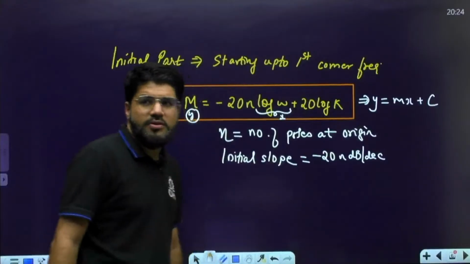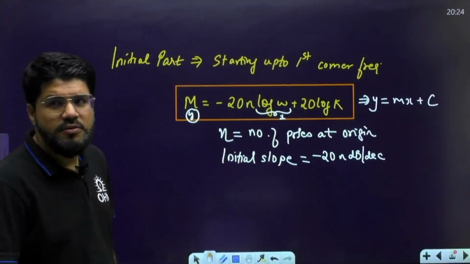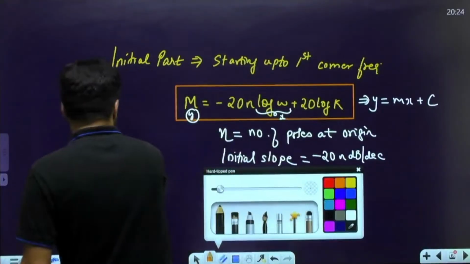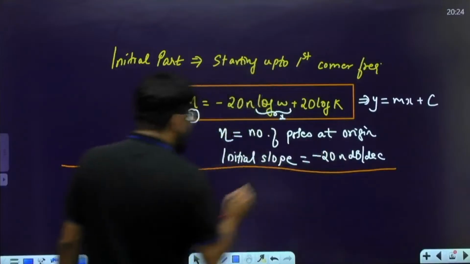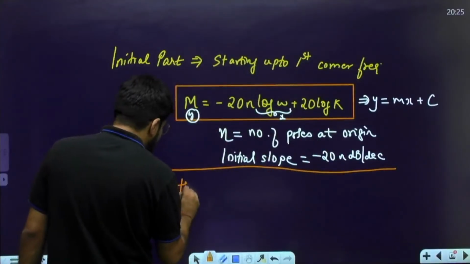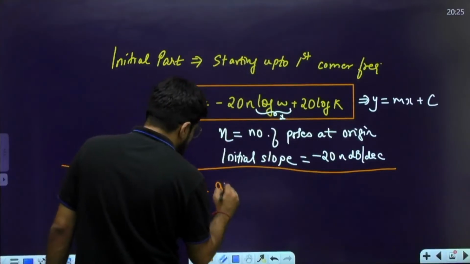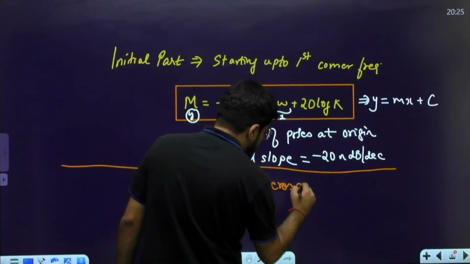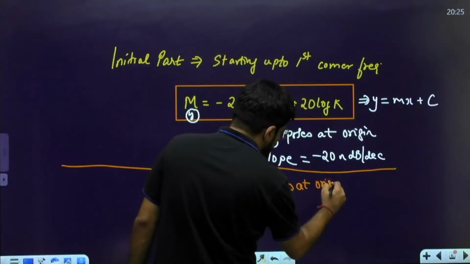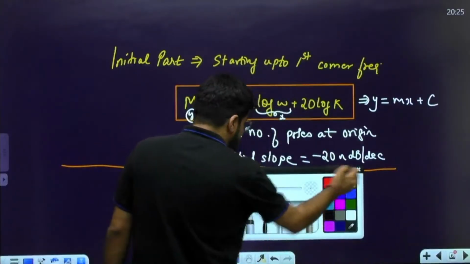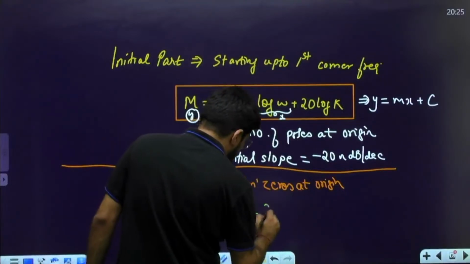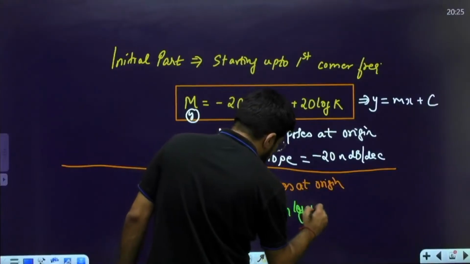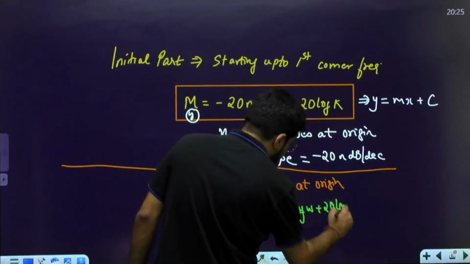Sai Vikas says answer A. Let's check it out. Minus 20 n. One more thing, dear. This is what I have considered for poles at origin. If there are zeros at origin rather than poles, suppose m zeros at origin, then the magnitude will be given by plus 20 m log omega plus 20 log k.